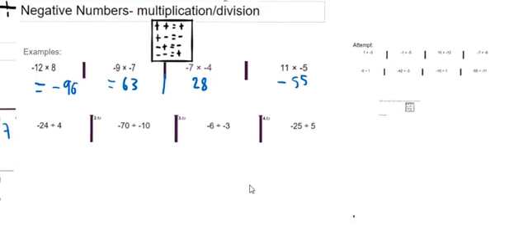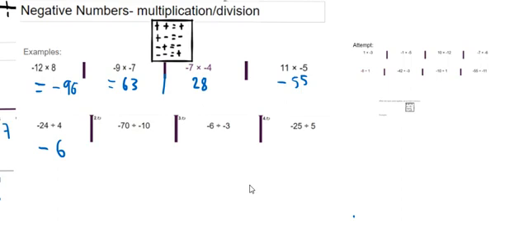We're going to do some dividing ones here. These are division signs in the middle, if you can't see them properly. First one is minus 24 divided by positive 4. So this is a minus divided by a positive. Minus divided by positive is minus. 24 divided by 4 is 6.